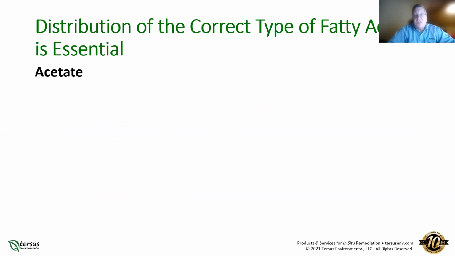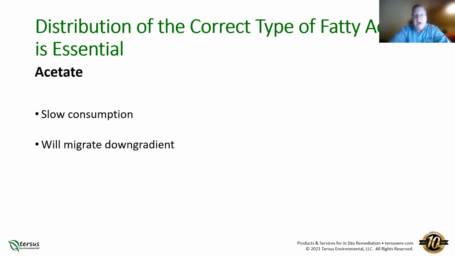What we've learned over nearly 2 decades of doing EVO projects is that distribution of the correct type of fatty acid is essential. Through the hydrolysis process, we generate acetate, which has slow consumption, so it sticks around for a good period of time and migrates some distance down gradient from the injection point.